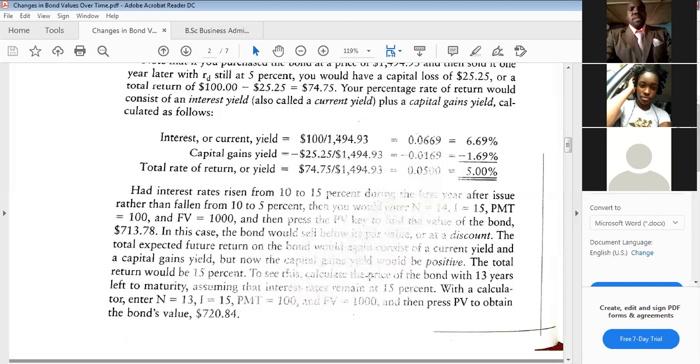Note that the capital gain for the year is the difference between the bond's value at year 2, which is 13 years remaining, and the bond's value at year 1 with 14 years remaining: $720.84 minus 713.78, which is 7.06.